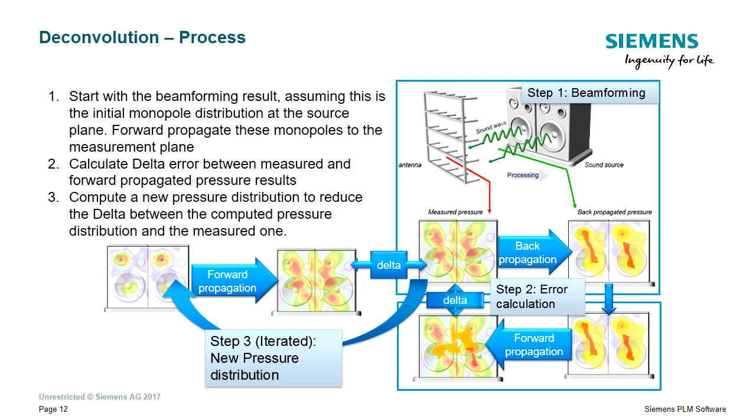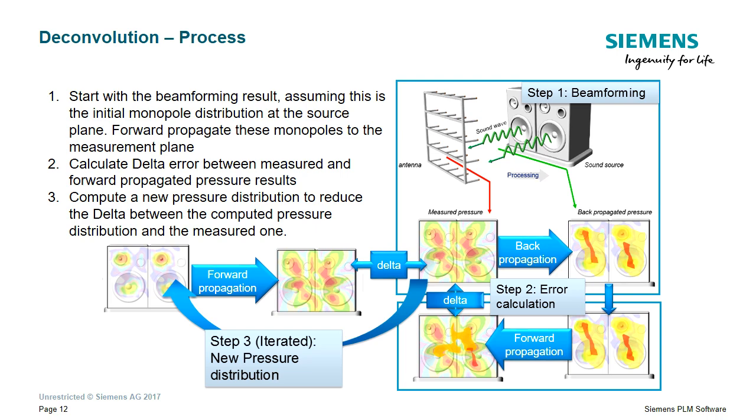We can use functions like Green's functions to estimate what kind of sound field these sources would generate if they were real sources. So we calculate mathematically or analytically what kind of measurements, what kind of pressures these monopoles would generate on our microphone array.